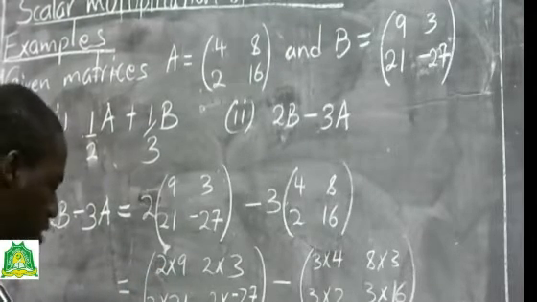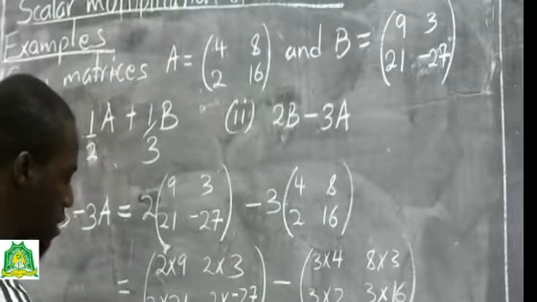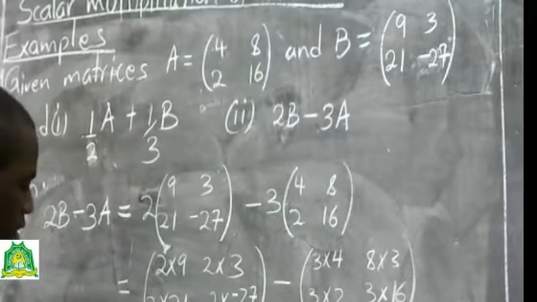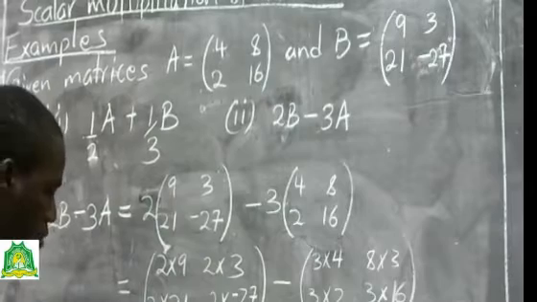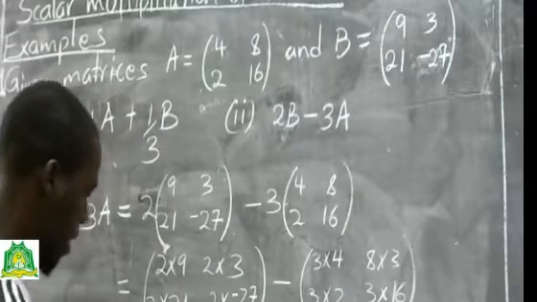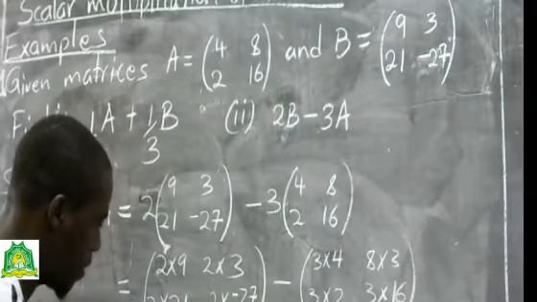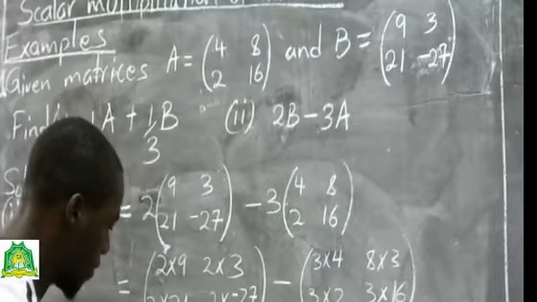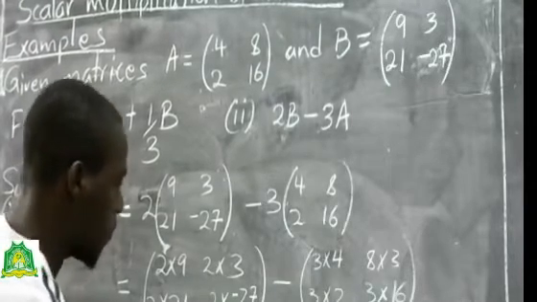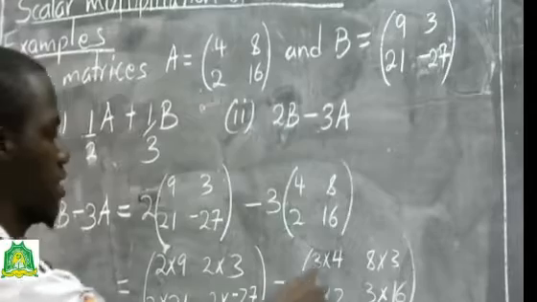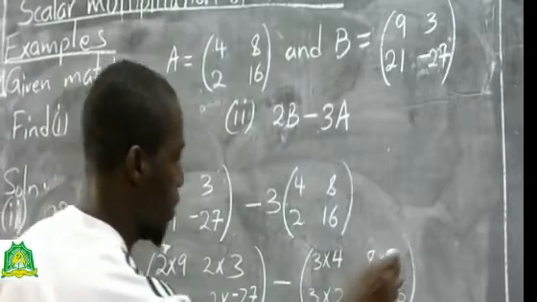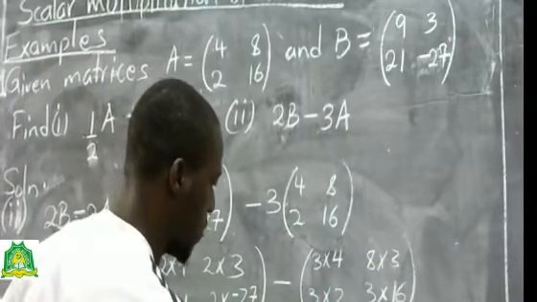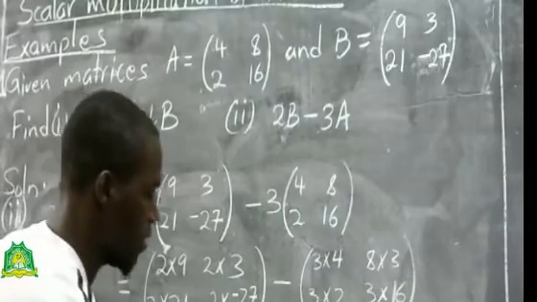So this is 18, this one here is 6, this one here is 42, this one here is negative 54, then minus, this one here is 12, this one here is 24, this one here is 6.